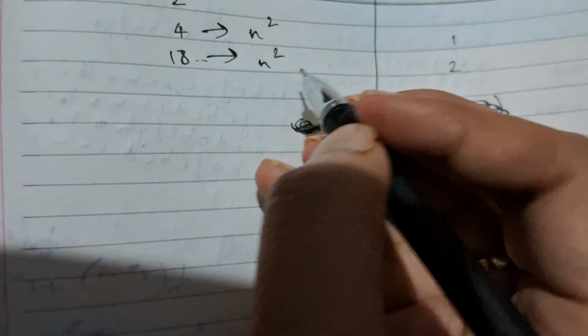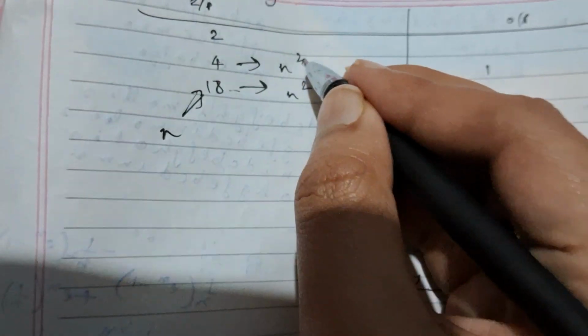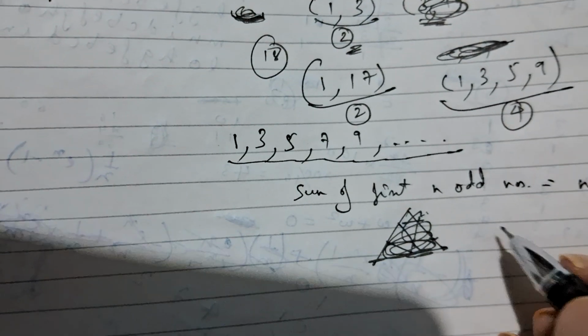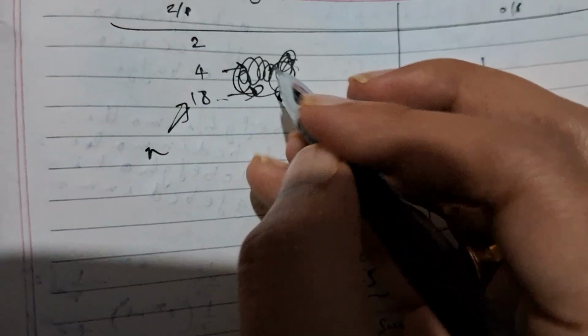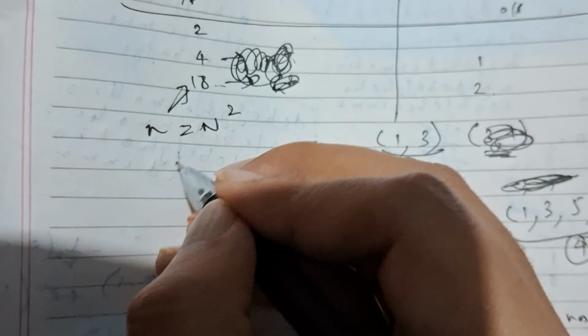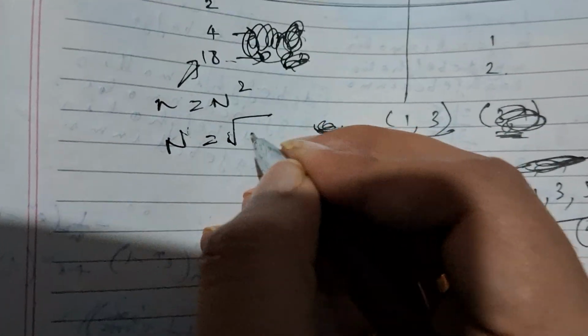So how are we going to find n? Let's say this is n. Now for less ambiguity, let us name this as capital N. So n is equal to capital N squared, right? So how are we going to find capital N? It is going to be the square root of n.